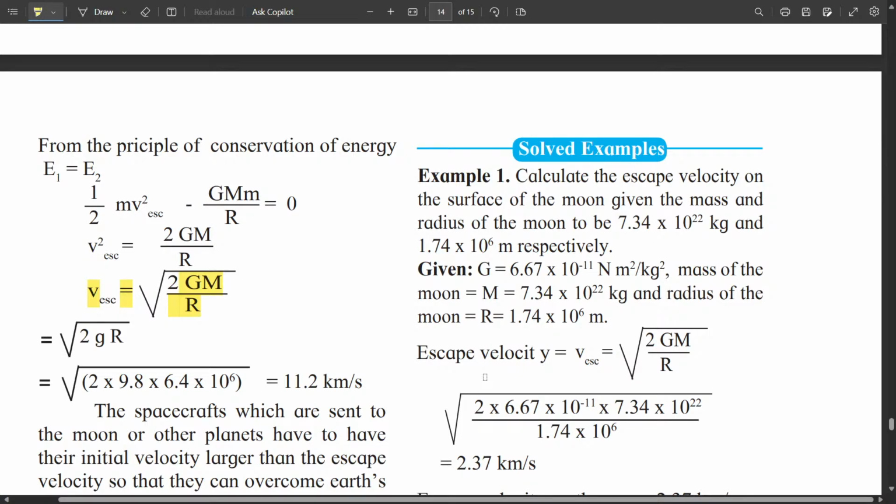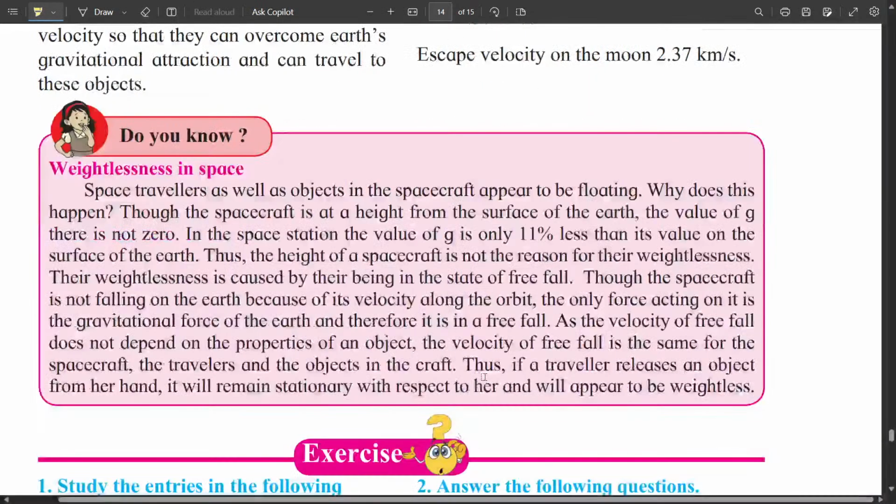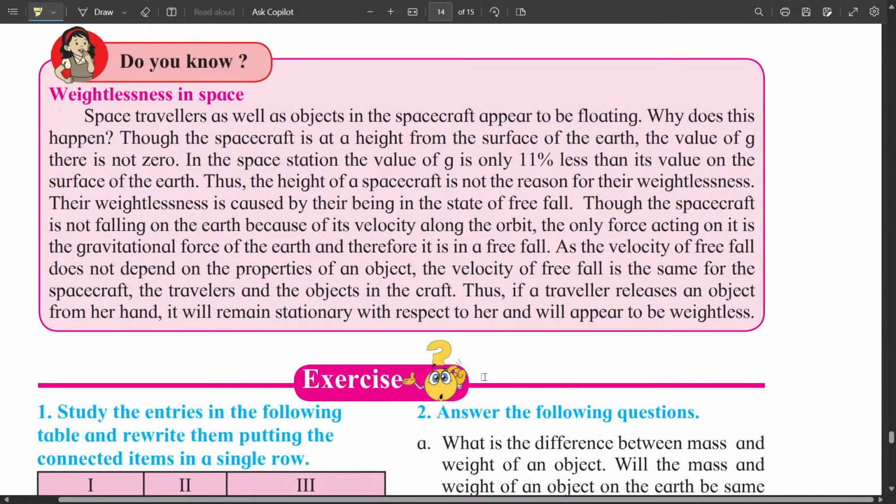And if we put the values of capital G, capital M and capital R in this, we get the value of escape velocity on the surface of Earth to be equal to 11.2 km per second. The spacecraft which are sent to the moon and other planets have to be projected from the surface of Earth with a velocity larger than escape velocity so that they can break Earth's gravitational force.